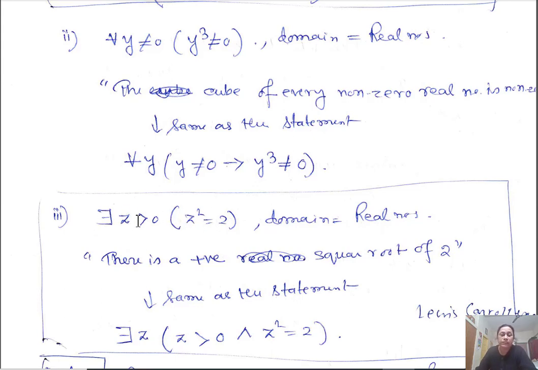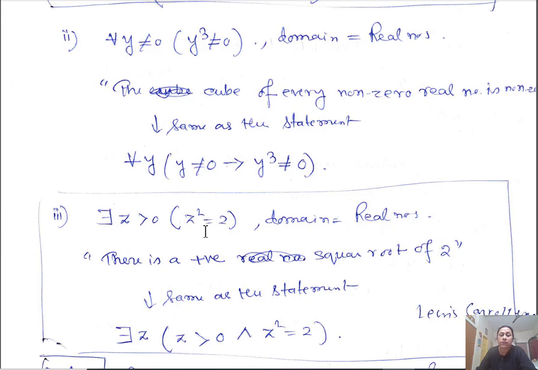There exists z greater than 0 such that z square equal to 2. That is, there is a positive square root of 2.